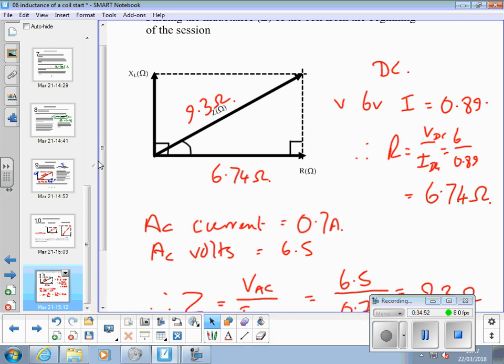So now, using Pythagoras' theorem, we can find XL, can't we?